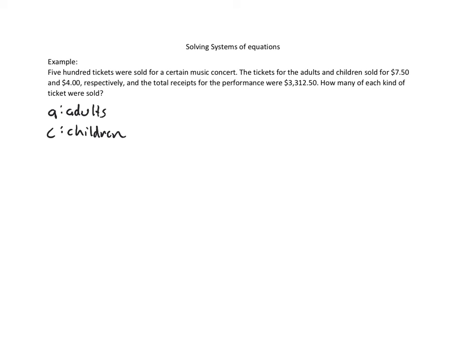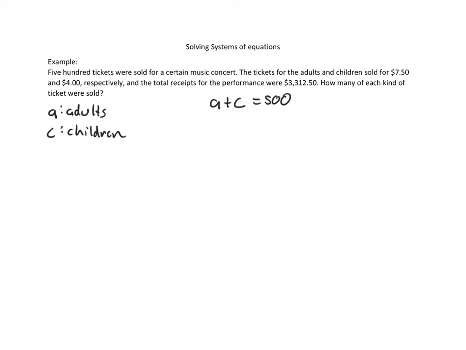And we're going to try and create a system of equations out of this. The first fact I know is that 500 tickets were sold for a certain music concert. So if I'm letting A be my adult tickets and C be my children tickets, then I know A plus C must equal 500.